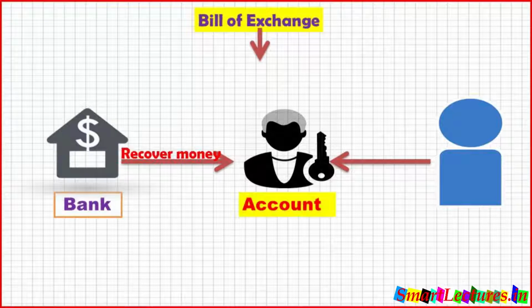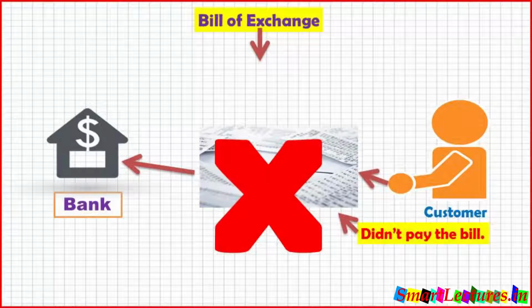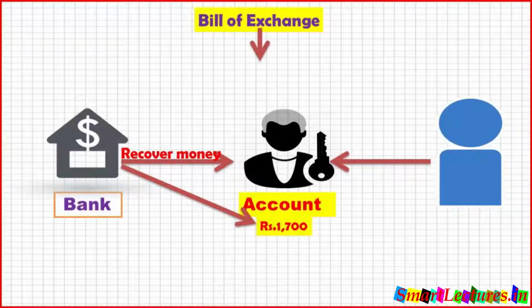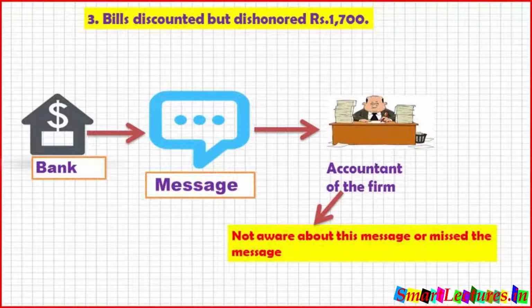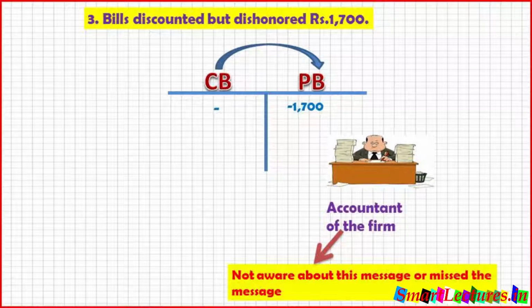And the same thing happened because the bill got dishonored. It means the customer didn't pay against the bill, and bank took 1,700 from our account and gave us the message. But the accountant of the firm couldn't get this message. So let's see what was happening in the passbook. Passbook was showing minus 1,700 and cash book was showing nothing because the accountant didn't know about this happening.